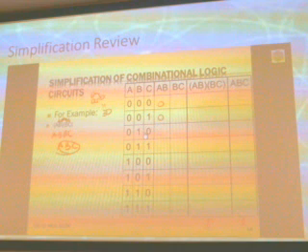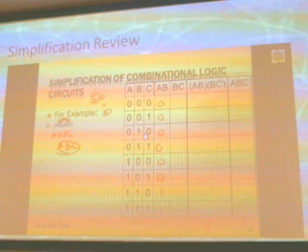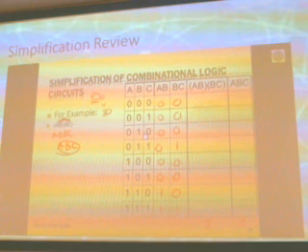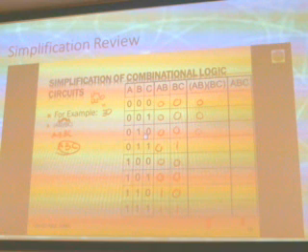So we're looking for 2 highs. BC is these two right here. And we're looking for 2 highs again there. And then we're going to AND these two columns together, AB and BC. And again, we're looking for 2 highs.